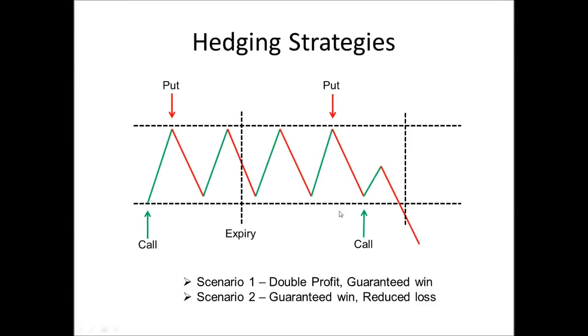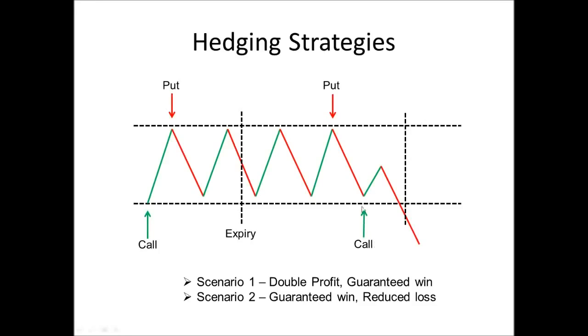The reason being, if we had just placed a call at the support line, we would have made a loss. Say we placed a $10 call, price closed lower on expiry, and we made a $10 loss. Whereas if we hedged this position and had a $10 put also, we would have made the $10 loss on the call, but we would have made a gain on the put, and say the payouts were 70%.